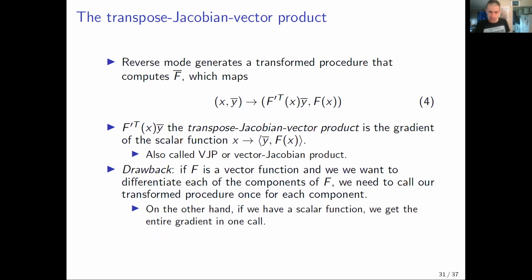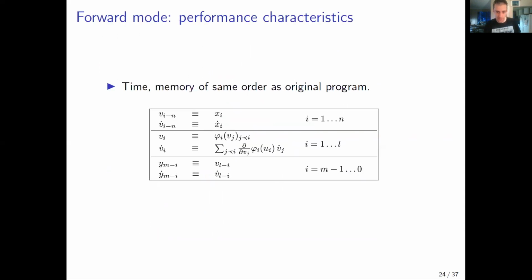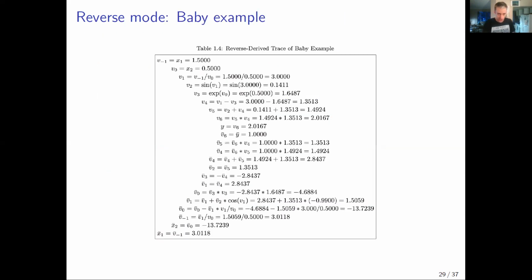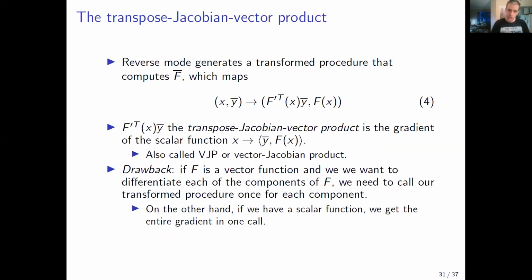Okay, and then just as before, remember before we saw that the Jacobian vector product is the fundamental mathematical operation underlying forward mode automatic differentiation. So here we can see that the transposed Jacobian vector product is the fundamental mathematical operation underlying reverse mode automatic differentiation.